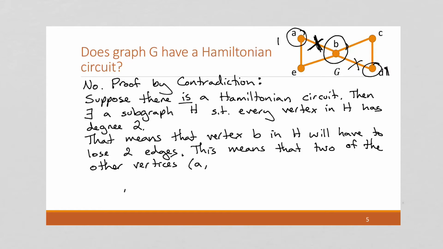So there's A, C, D, and E, and these would have to lose an edge, dropping to degree 1. But we said they all have degree 2. And there's our contradiction.